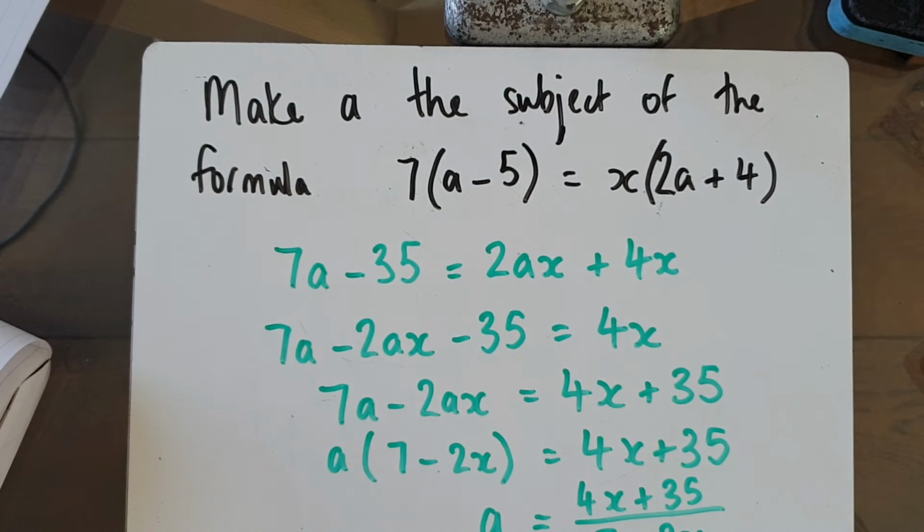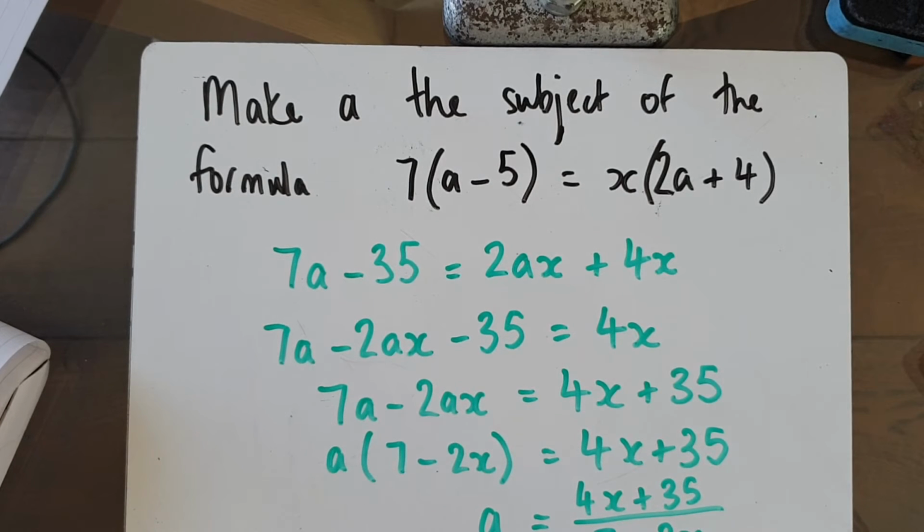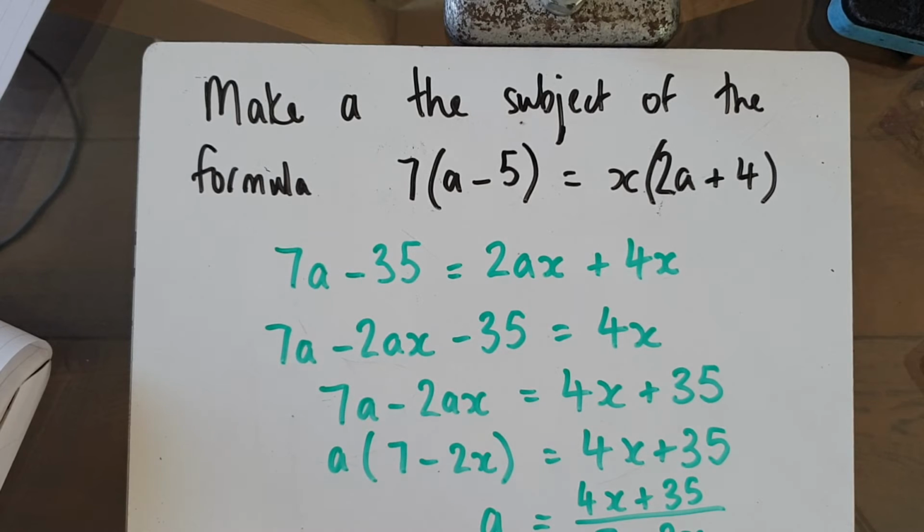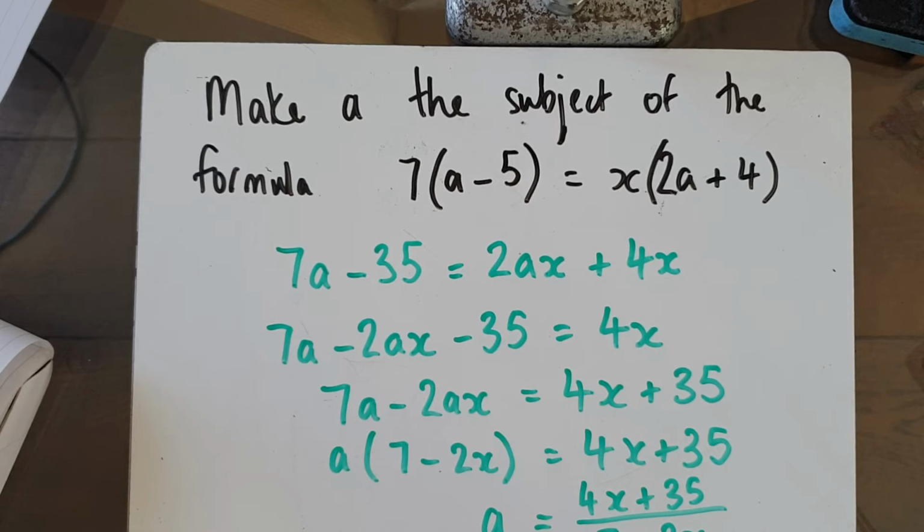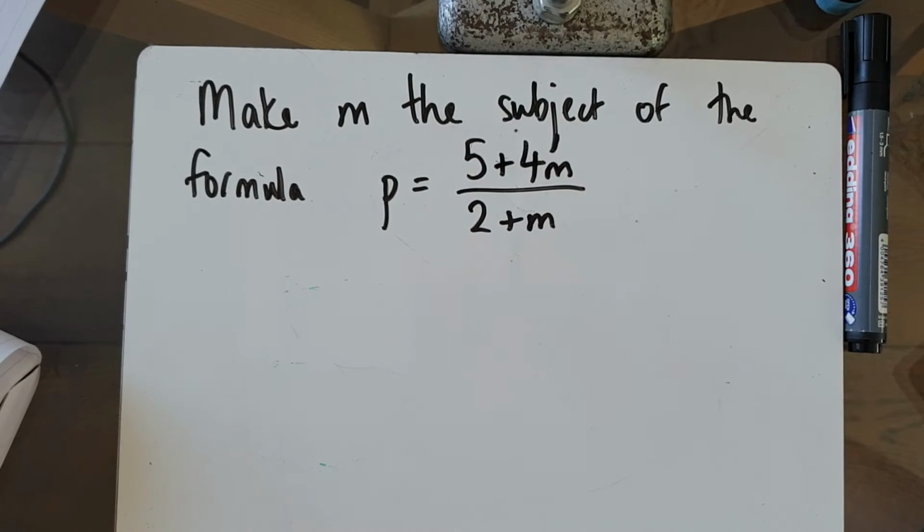So those 2 examples should help you do questions A to F. I'm now going to go through two examples which will help you with G, H and I. So you can pause here and have a go at those first 6 questions, or you can carry on watching and do all the questions at once.